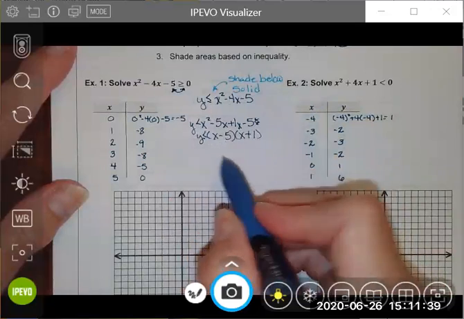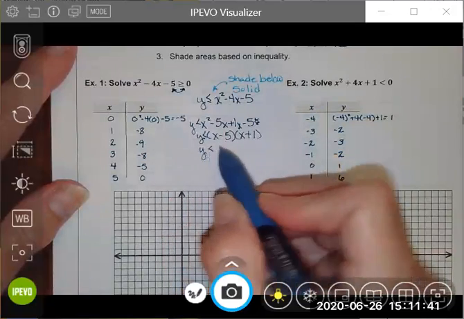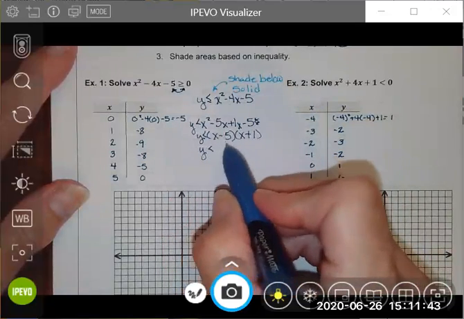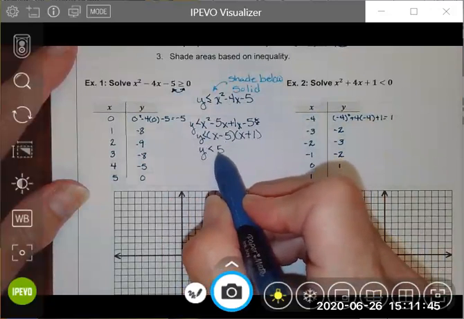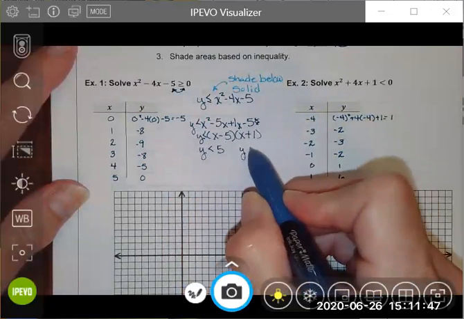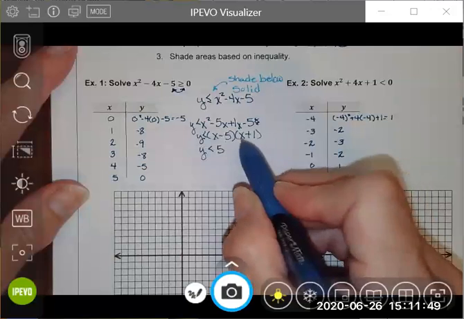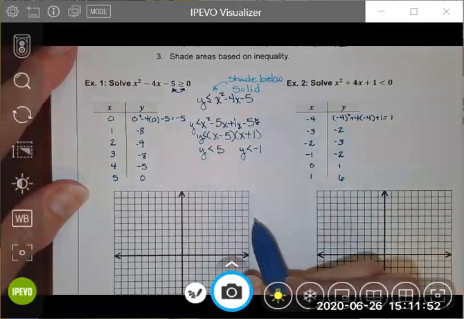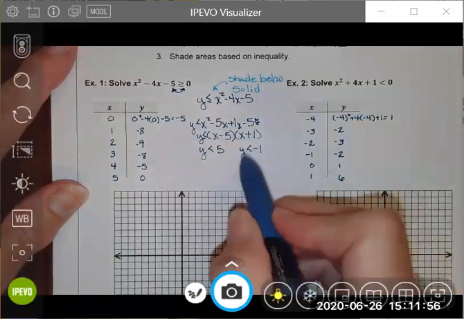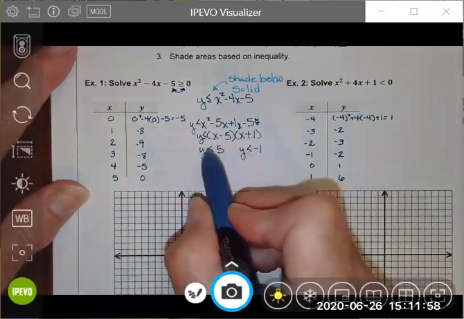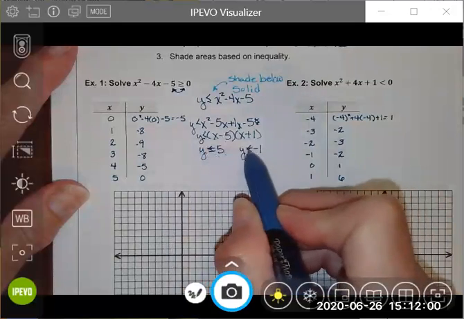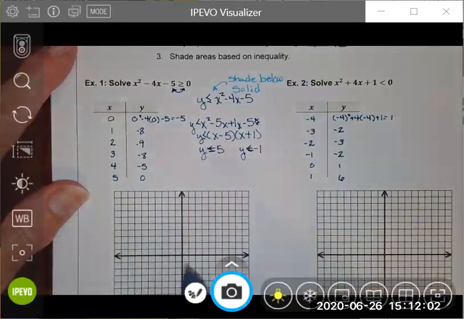And so I can see from this that one solution will be when y is less than 5, or perhaps when y is less than negative 1. Not sure in this context. These give me my roots. If these were equal signs, then this would absolutely give me my roots. So my roots are at negative 1 and at positive 5.